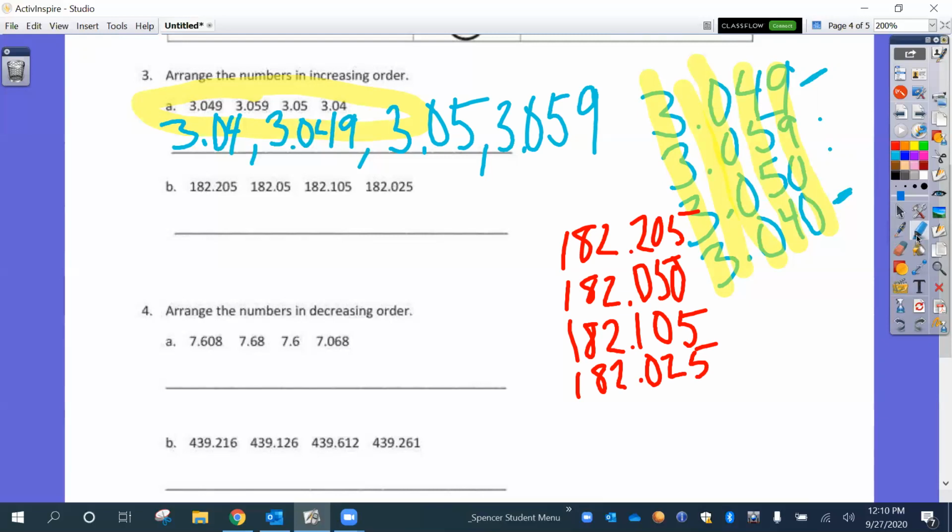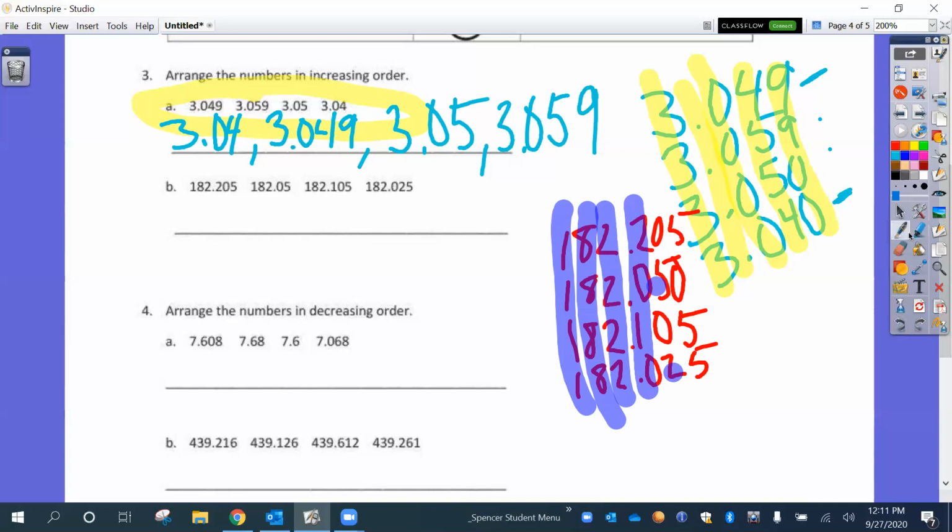Now I can think about these place value charts, or which is in which place. 1s, 8s, 2s, so they're all equal in the whole parts. Now let's look at the tenths. I see 2 numbers with 0 in the tenths place. So let's just look at those next numbers. So which one of those 2 with the 0 in the tenths place is smaller?